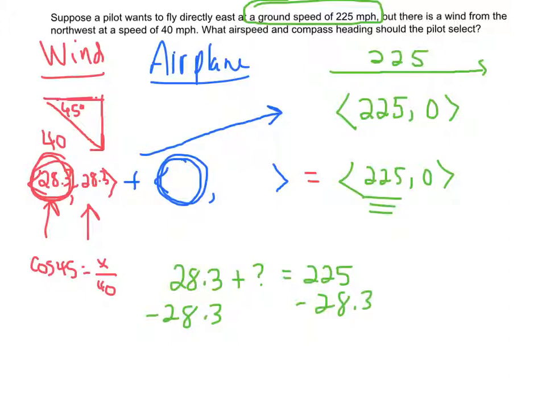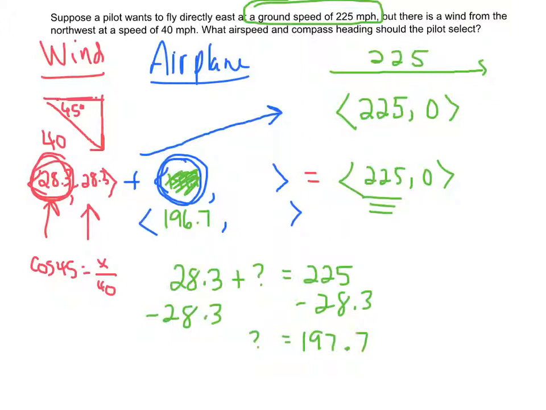And when I do that, that tells me that the x coordinate of our vector is going to be 197.7. Oops, sorry, I did my math wrong. Not 187.7. It's 196.7. See if I can erase that. I can't. 196.7. Sorry about that.